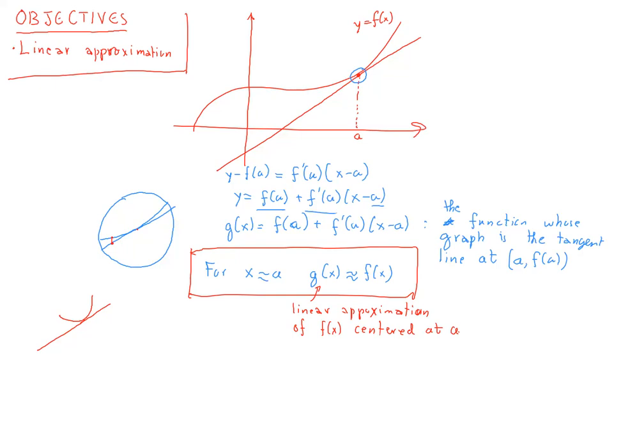So let's start with a typical example. Estimate square root of 10 as a fraction a over b with natural numbers a, b.